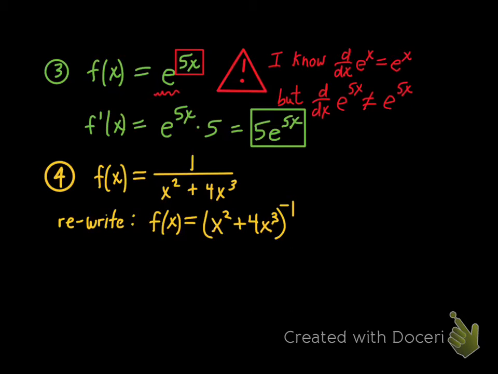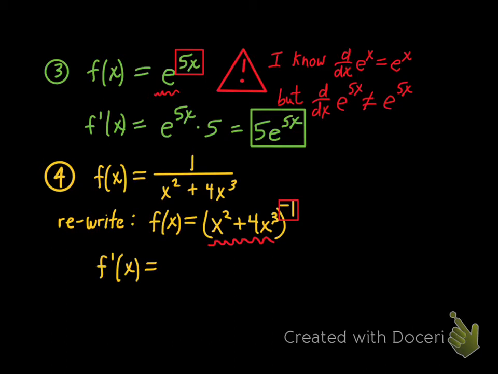And to take the derivative, I think about that inside function. I just replace it with some stuff. I've got some stuff raised to the negative first power. How would you take the derivative of some stuff raised to the negative first power? Well, I'd take that negative 1 exponent and multiply it by the understood coefficient in front, which is 1.